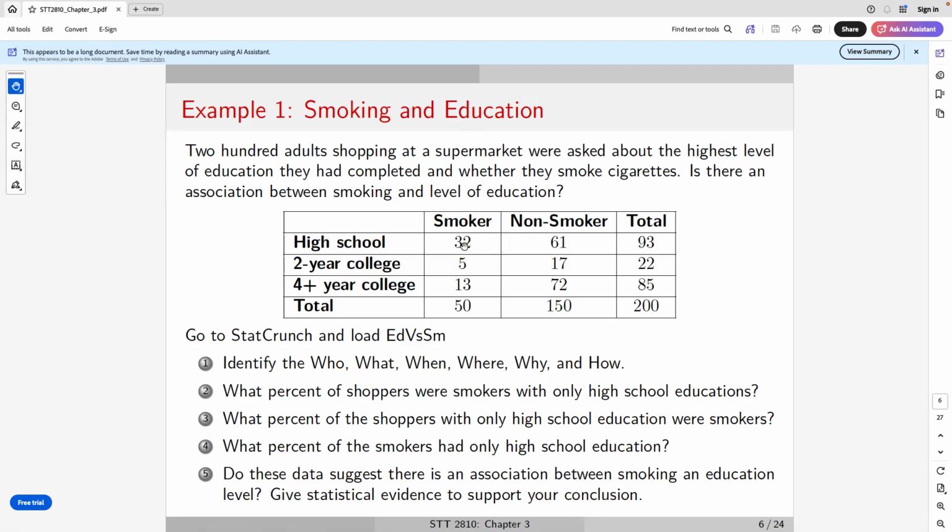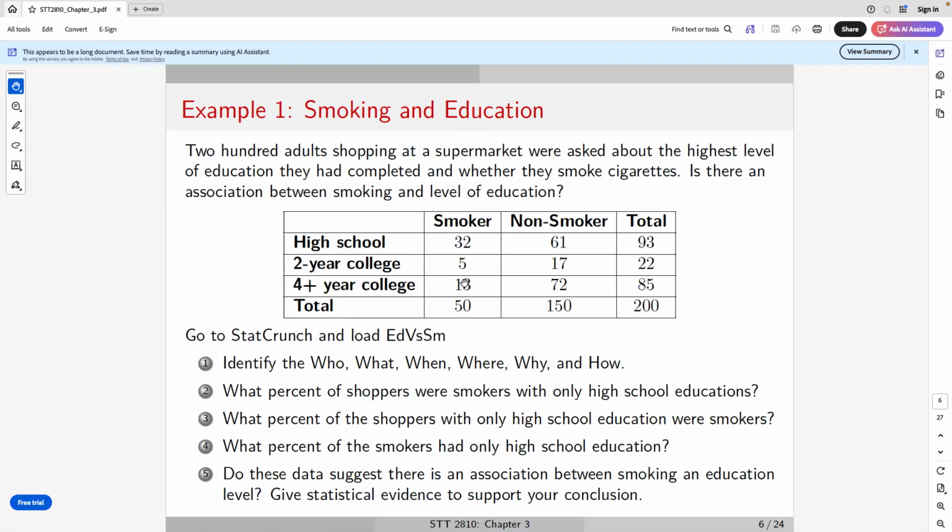How about 2-year college? Their total is 22, and 5 of them are smokers. How about 4-year college? Their total is 85, and 13 of them are smokers. We just have to compute those percentages.